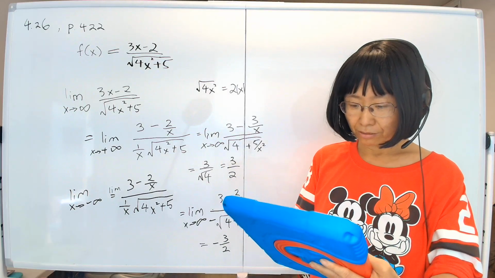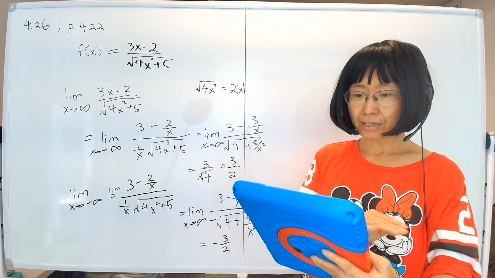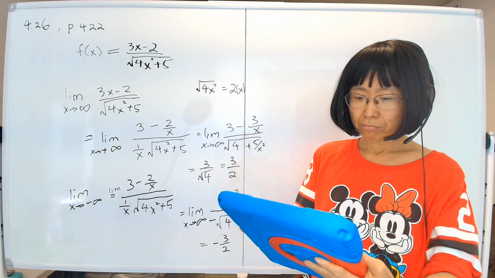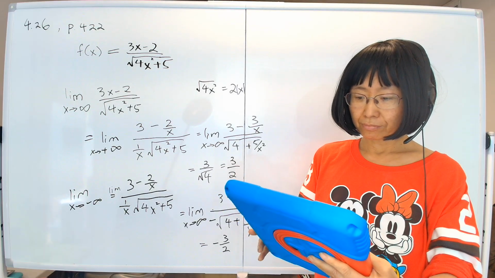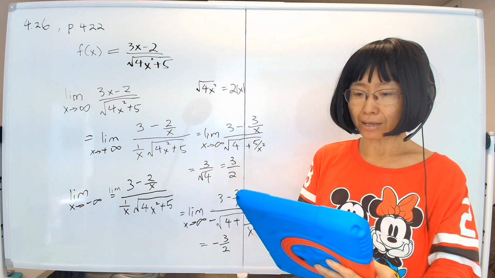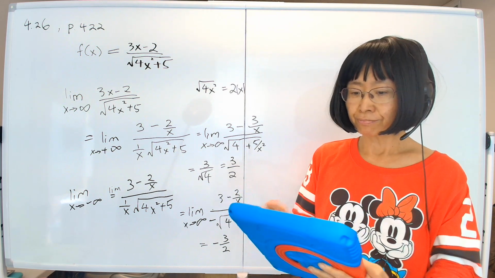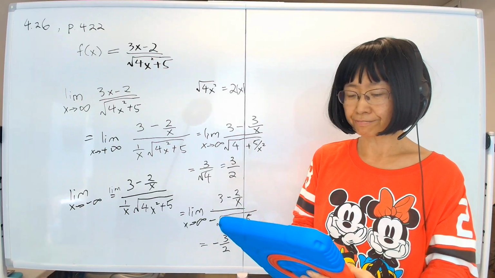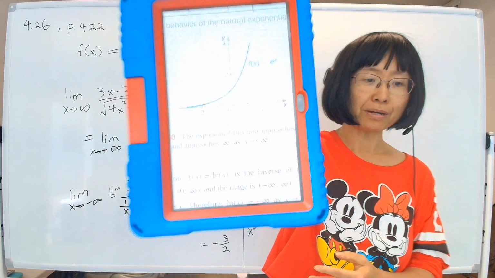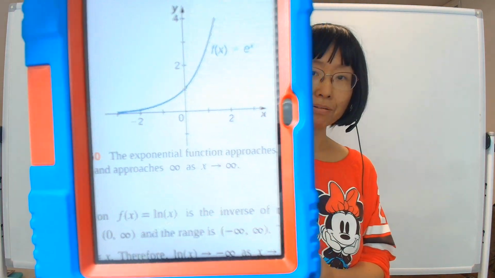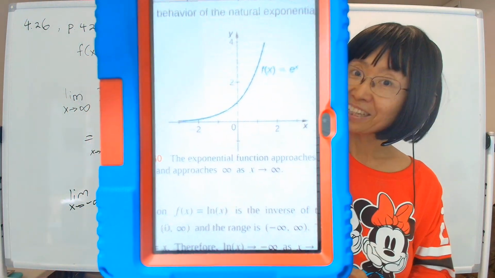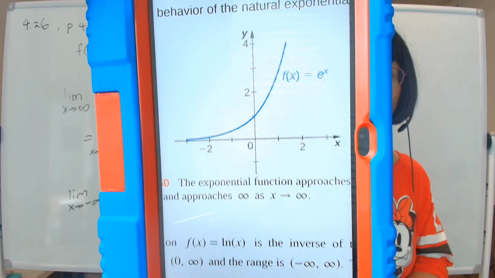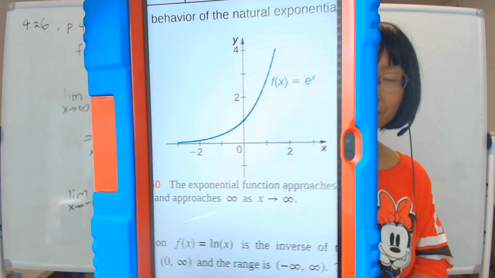All right, so then next we consider the exponential function. What happens to the exponential function? Well, the exponential function's graph looks something like this, if you remember. Now it goes up, okay? In fact, it goes up exponentially, as you remember that term. But on the negative side, it does approach 0.